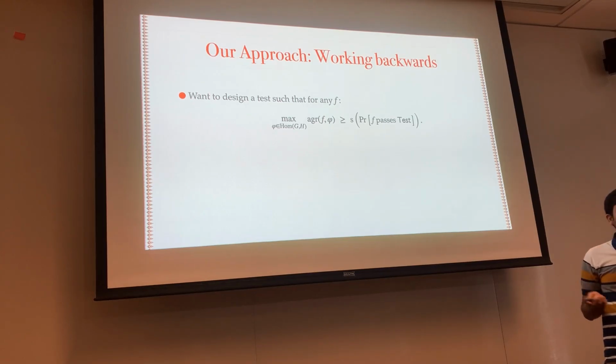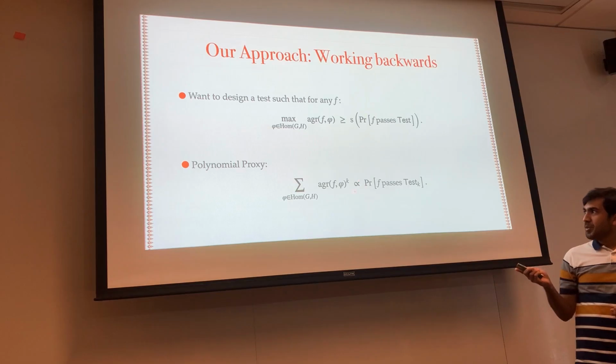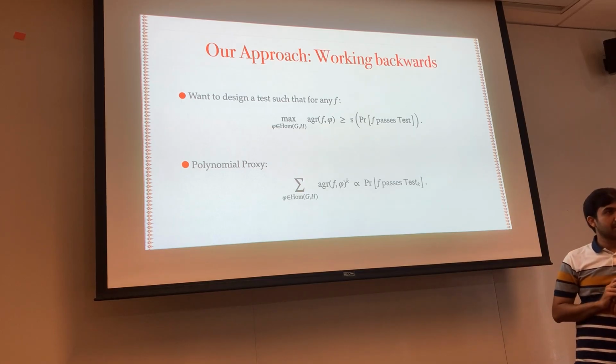Always, max is hard to work with, so we'd be okay if we can say that the kth moment of this vector of agreements with all possible homomorphisms is proportional to some test passing probability. So we're going to shoot for this more approachable goal.